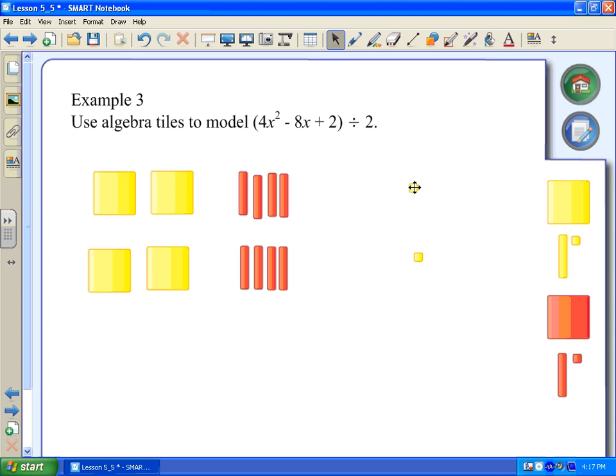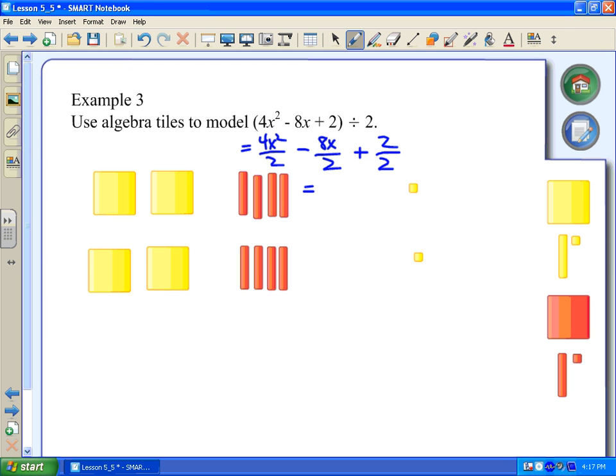So really, again, what happens is we take each term and we divide it by 2. So really, that is the same as taking this, dividing it by the 2, taking the 8, dividing it by the 2, taking the 2 and dividing it by the 2. And notice it didn't change the tiles at all, it just changed the numbers out in front.